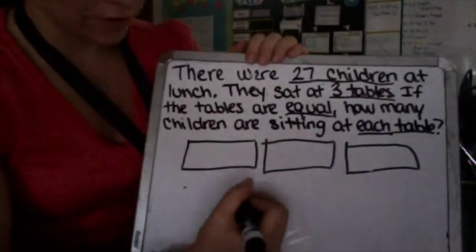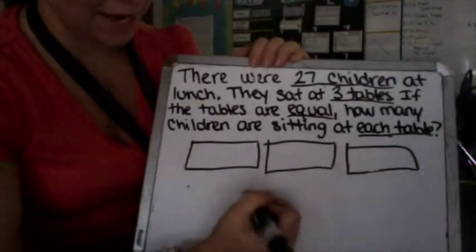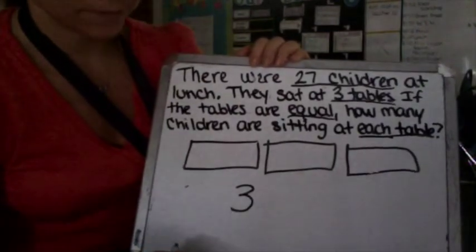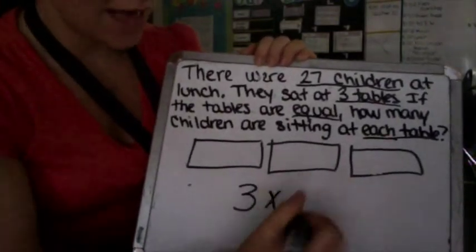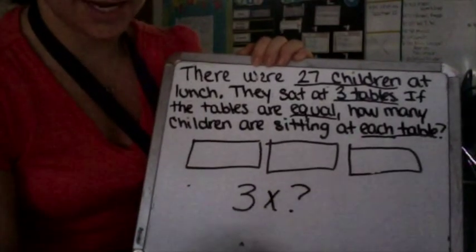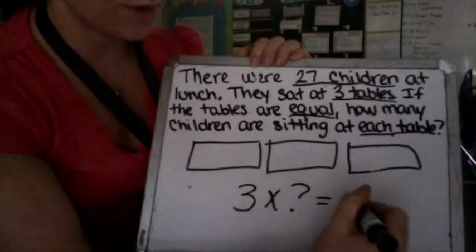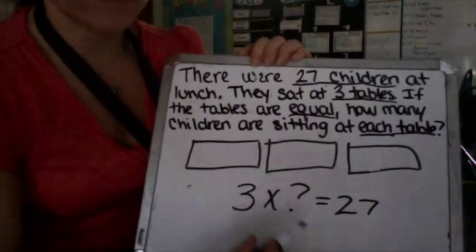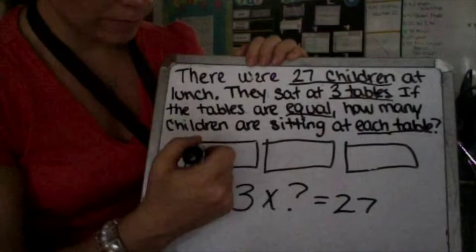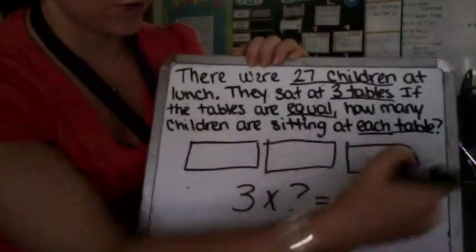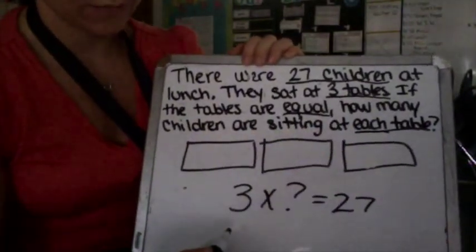So I know my first factor. I know how many groups I have. I have 3 groups. I do not know how many to put in each. But I do know my answer should be 27. I should have 27 kids. So I'm going to put a child at each table until I get to 27.